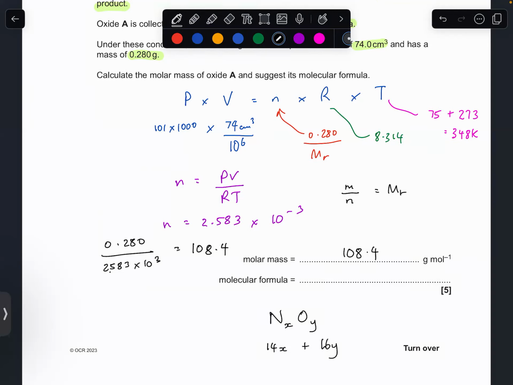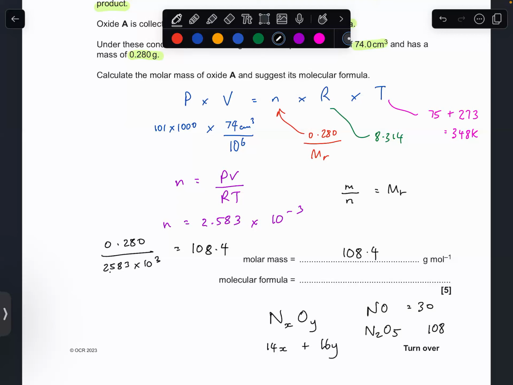NO is 30. Well, the mark scheme says N2O5 is the nearest, which has an Mr of 108.